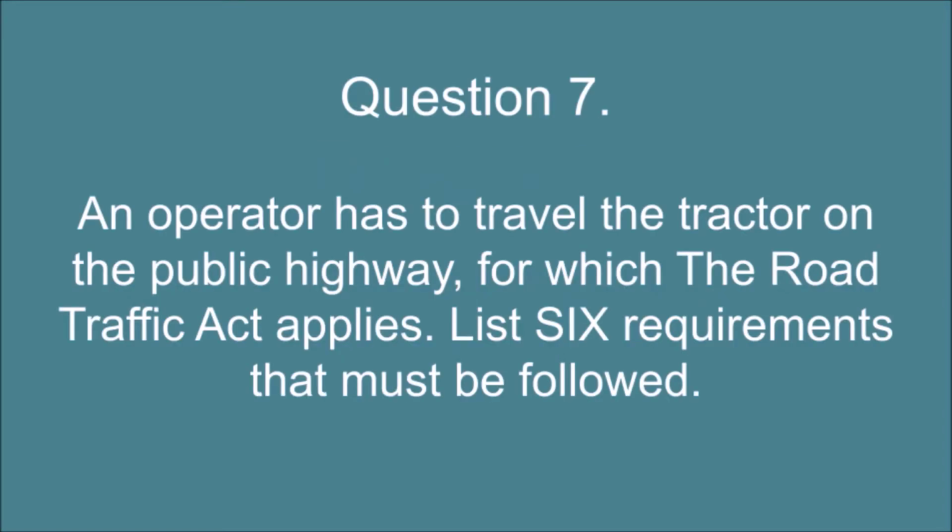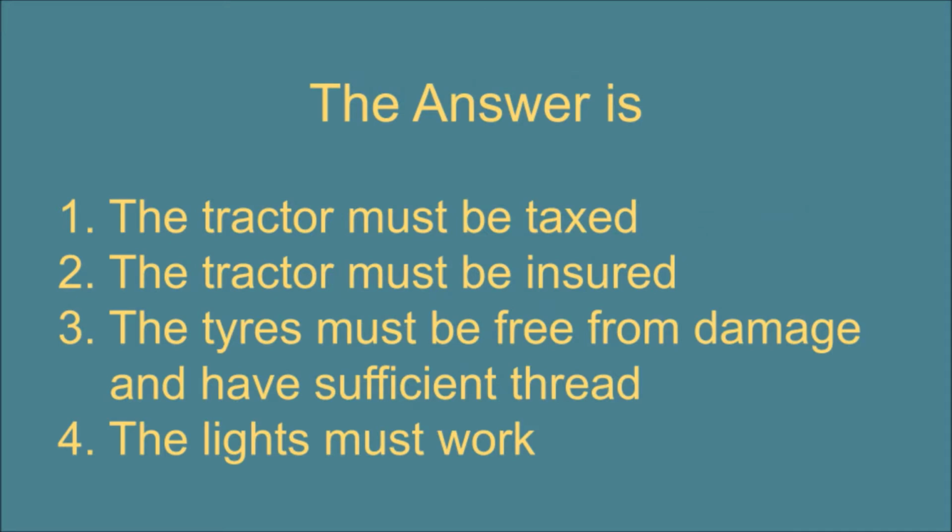Question 7. An operator has to travel the tractor on the public highway, for which the Road Traffic Act applies. List 6 requirements that must be followed. The answer is: 1. The tractor must be taxed. 2. The tractor must be insured. 3.